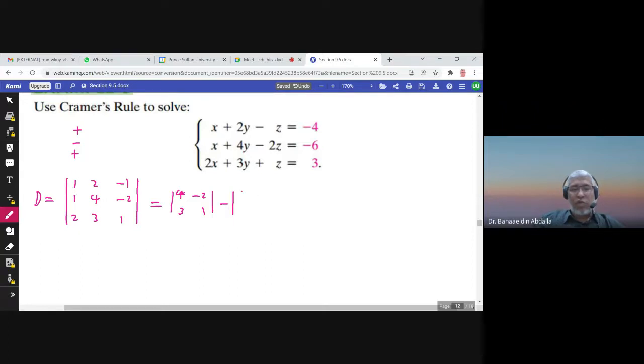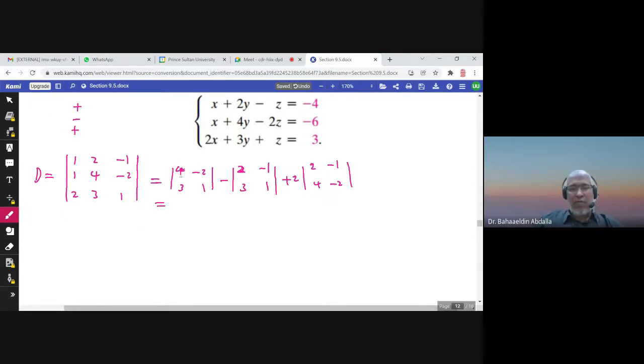So 2, minus 1, 3, and 1. For more information about evaluating 3 by 3 determinants, see the previous video. And then plus 2 times, delete the row and the column. So I have 2, minus 1, 4, and minus 2.